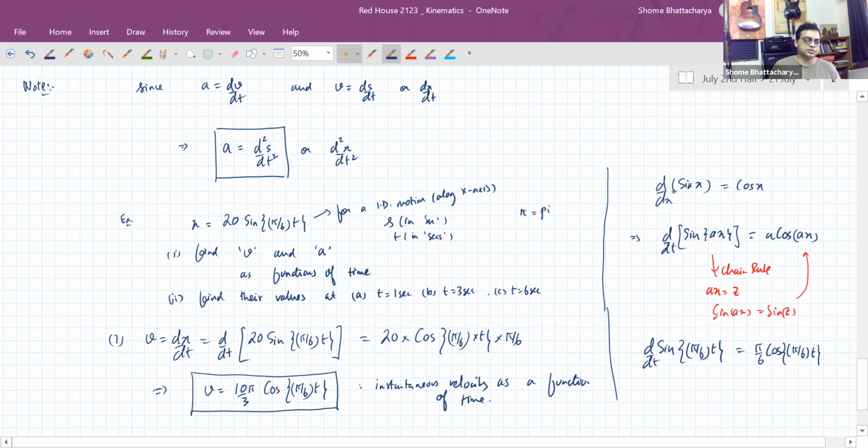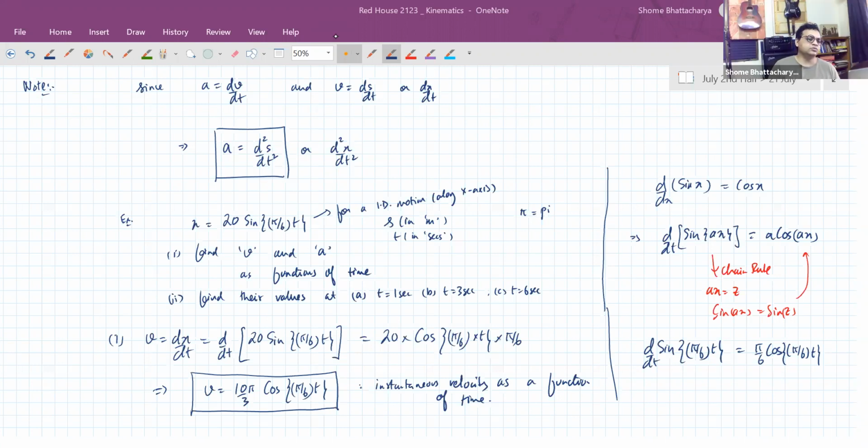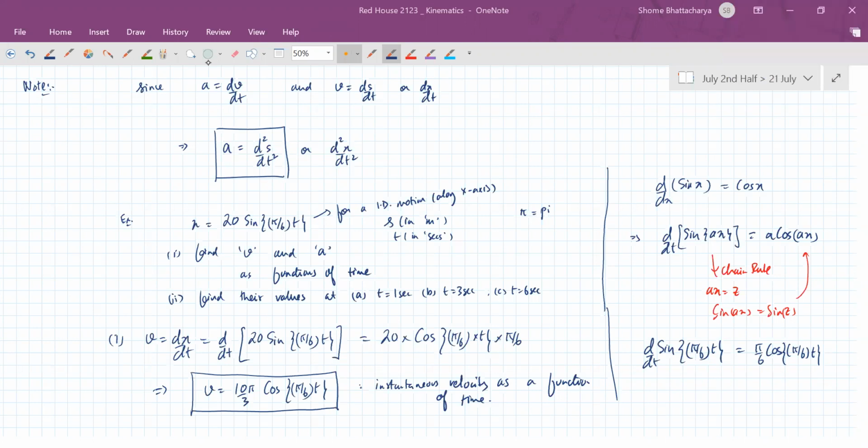So this application of differentiation with chain rule is clear. It's something you are very used to in the calculus chapter, but sometimes you can get confused with parametric terms here. So how can we cut with pi by 6? Pi by 6 is an angle here, na? No, actually pi by 6 will be in radians per second, because the whole quantity pi by 6 into t is an angle.